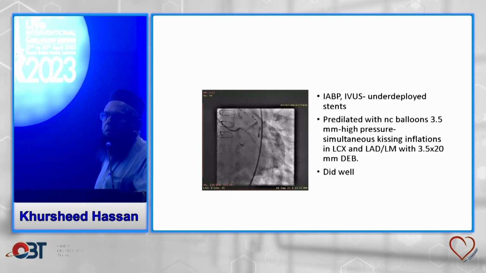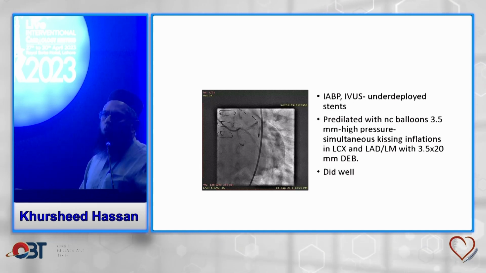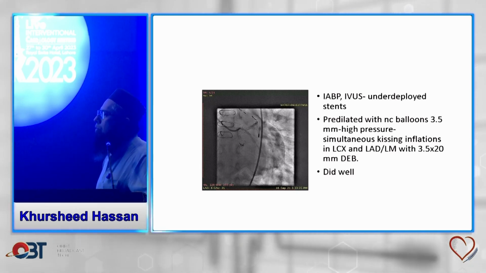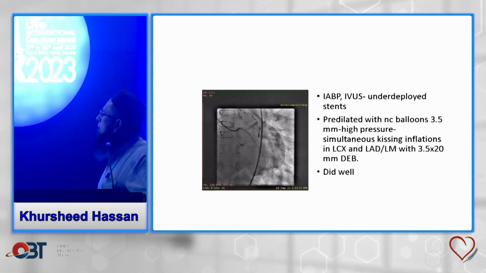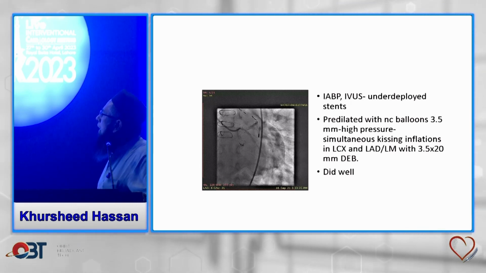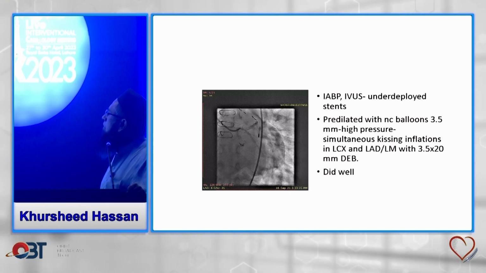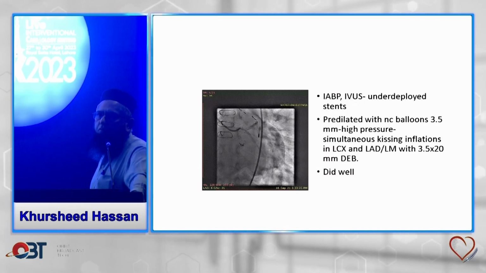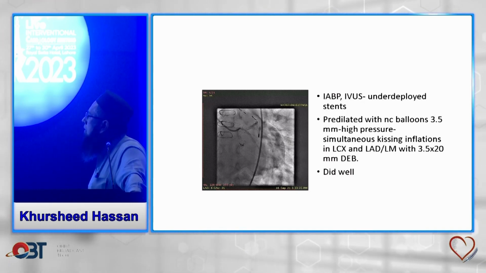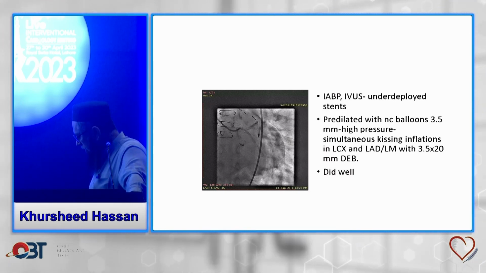So IABP in first, IVUS was done, both the stents were not well opposed, not well expanded at the ostium. So high pressure inflations were done, and then 3.5 up to 30, simultaneous kissing inflation with a 3.5 by 20, and the result was not bad.